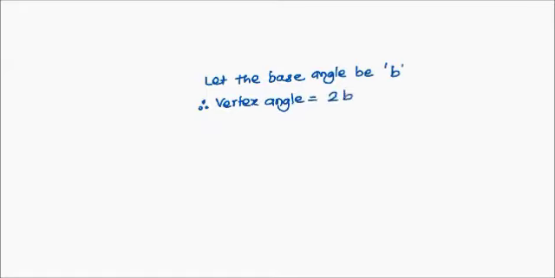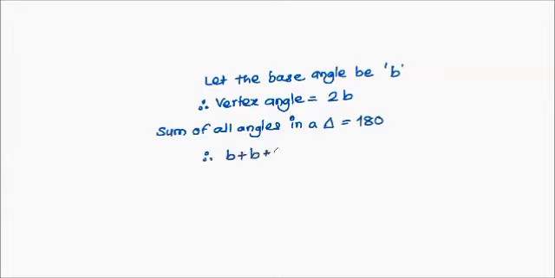And we know that the sum of all angles in a triangle is equal to 180 degrees. Therefore, b one base angle, b another base angle, and 2b, which is the vertex angle, the third angle, is equal to 180. And hence b plus b means 1b plus 1b plus 2b is 4b. 4b is equal to 180.